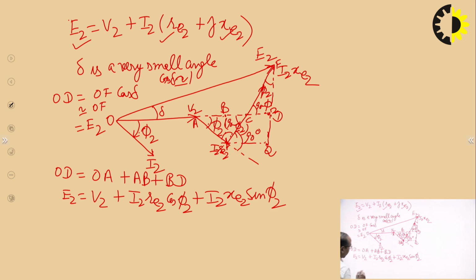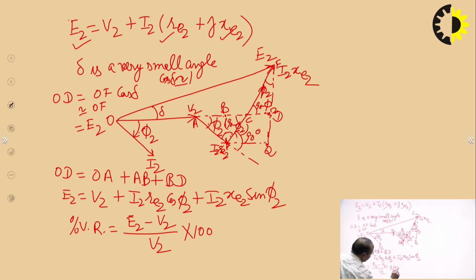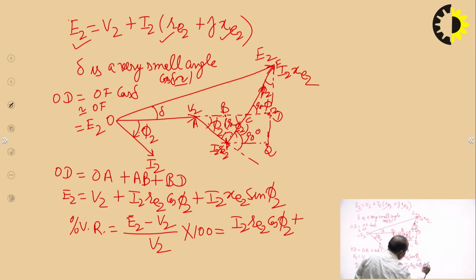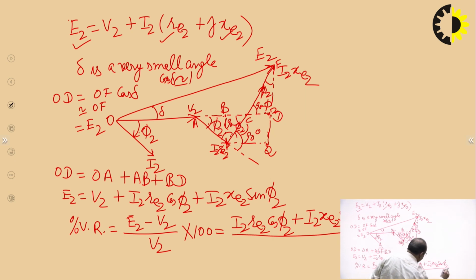So, from here the percentage voltage regulation, which is no load secondary terminal voltage E2, minus full load secondary terminal voltage V2, upon full load secondary terminal voltage V2, into 100, becomes I2 RE2 cos phi 2 plus I2 XE2 sin phi 2 upon V2 into 100.